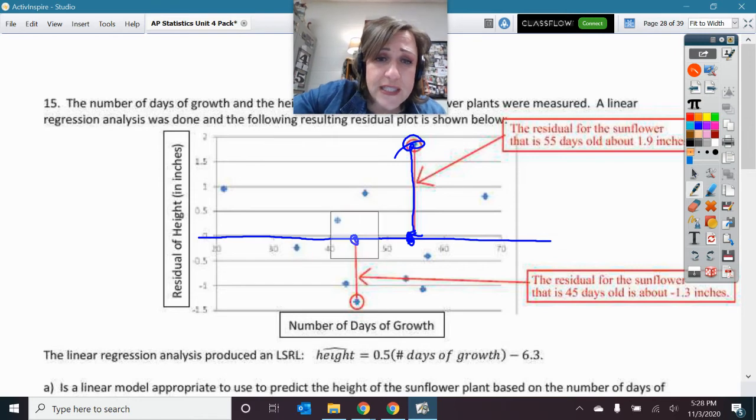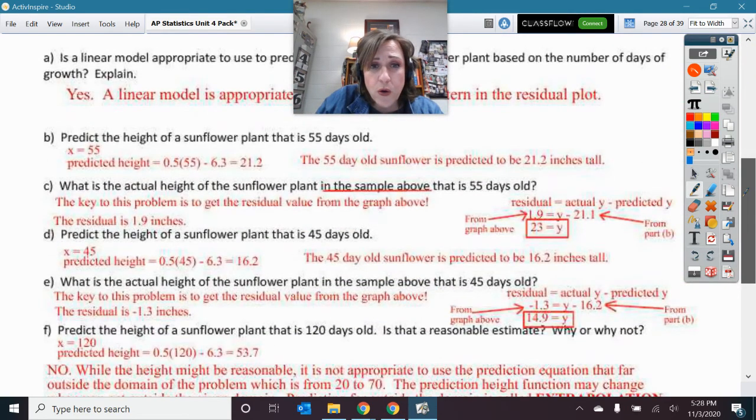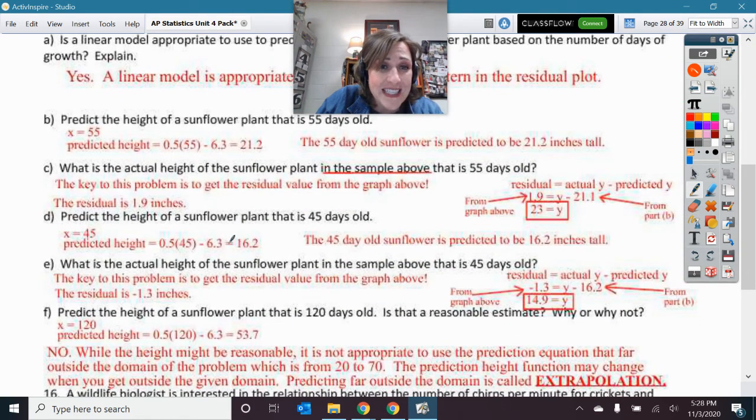Here's what was predicted, and the actual was about 1.3 or 1.4 inches lower than predicted. So if 16.2 is what was predicted, then you go 1.3 lower than that, and that's about 14.9, somewhere around there.